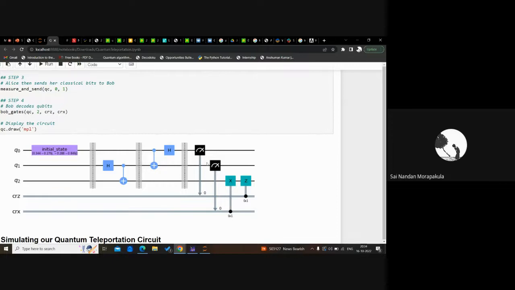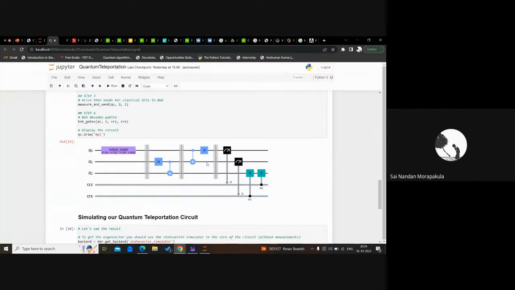That is the main difference between teleportation and the no cloning theorem. The only difference is that the information is destroyed in quantum teleportation, while in the no cloning theorem, you cannot destroy the original information.